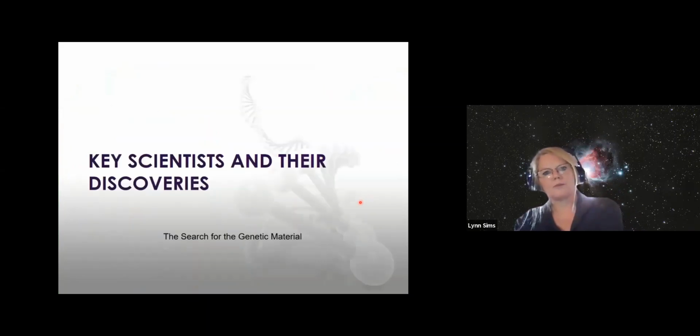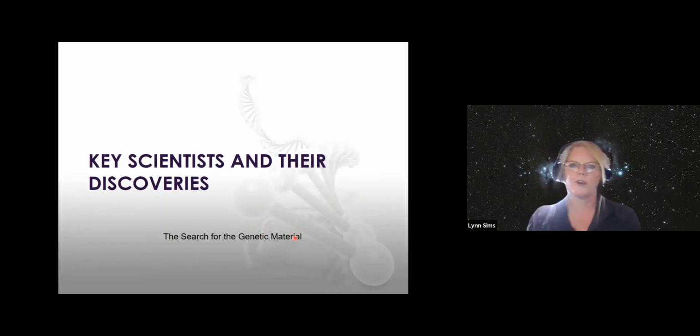Now, the key scientists. The point was to determine what was transmitted, the information from one generation to the next. What directed the cell to do its cellular activities? At some point, nobody knew what the genetic material was or the units of inheritance.